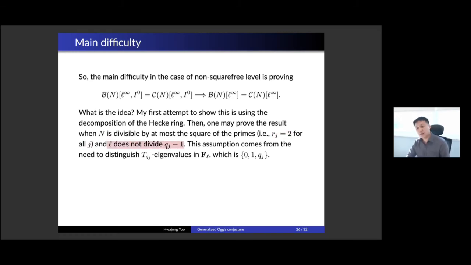This means the eigenvalues of the T_{Q_j} operator are 0, 1, and p_j, and they are all different modulo l. So if these eigenvalues are all distinct, then we can prove this result.